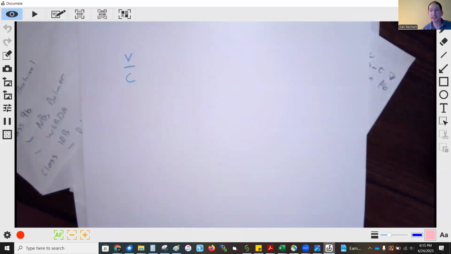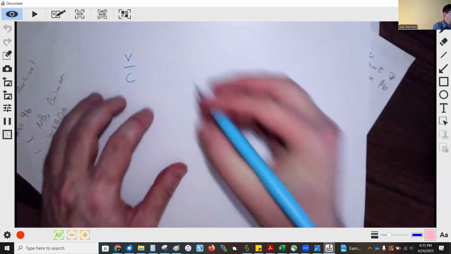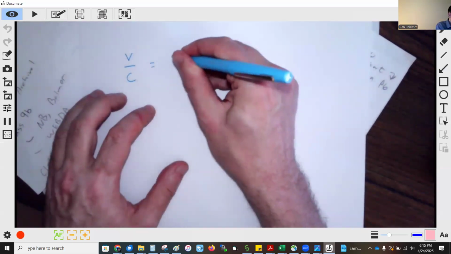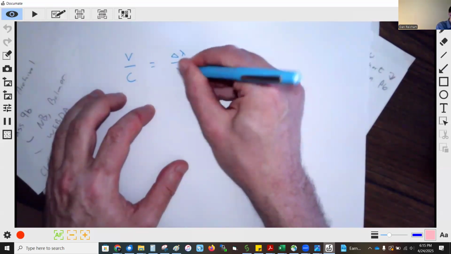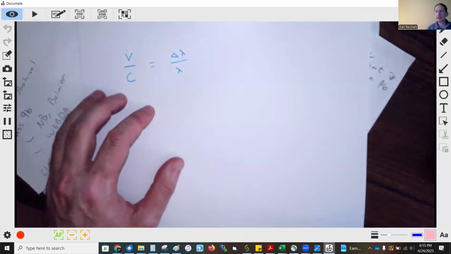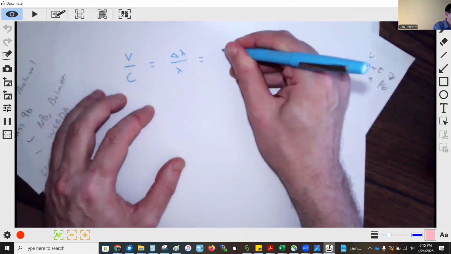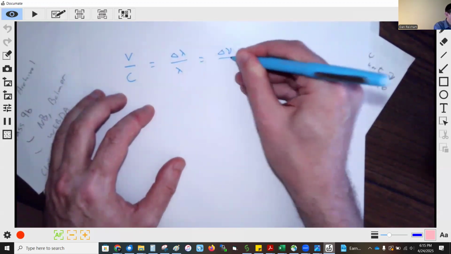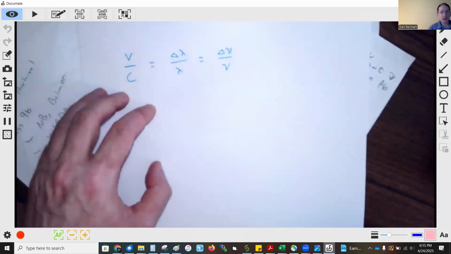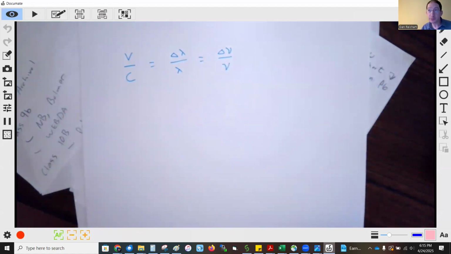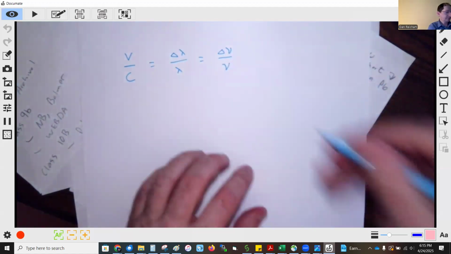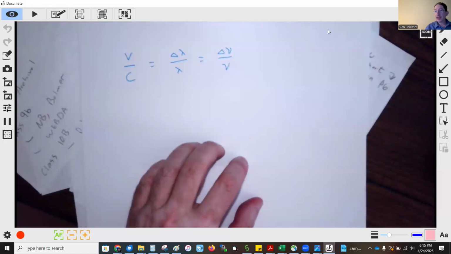In this case, it's light. So the wave speed is the speed of light. It's often defined as the change in wavelength over the emitted wavelength, or you can rearrange some terms. It's the change in frequency over, turns out, the observed frequency. And that's what we have written here.